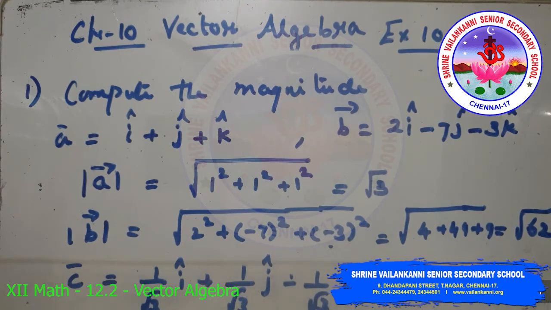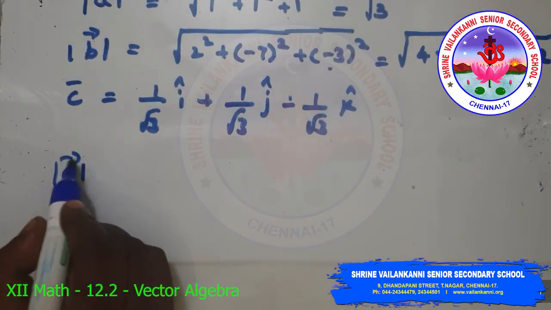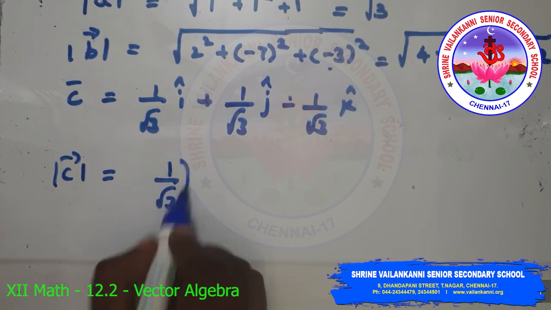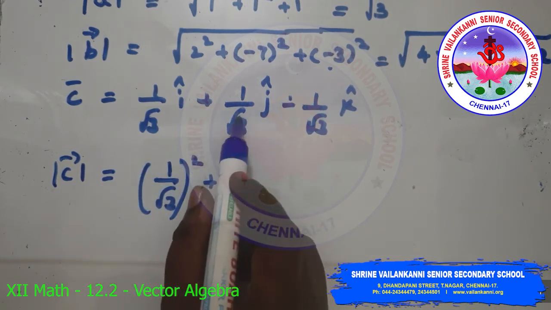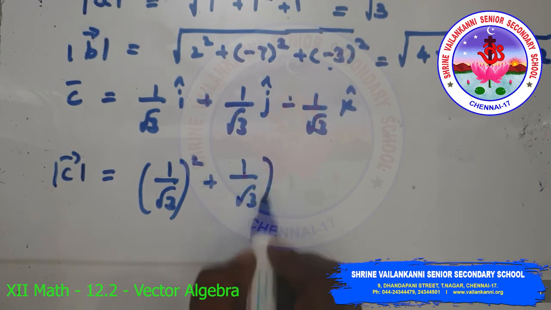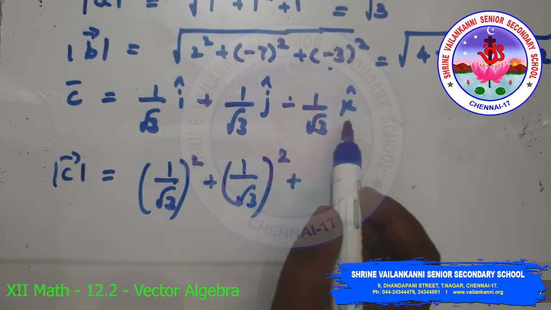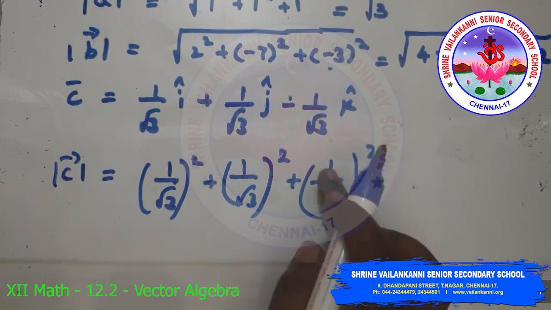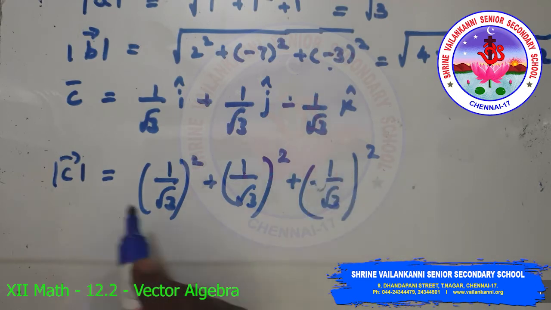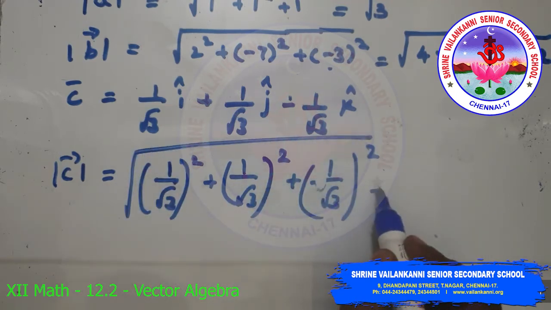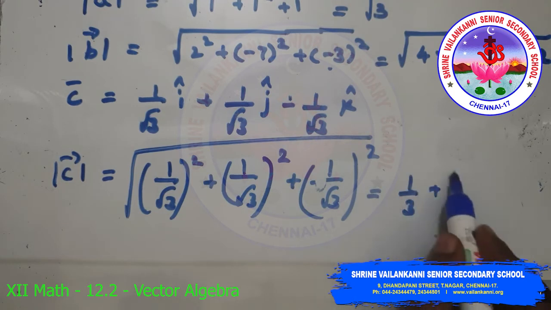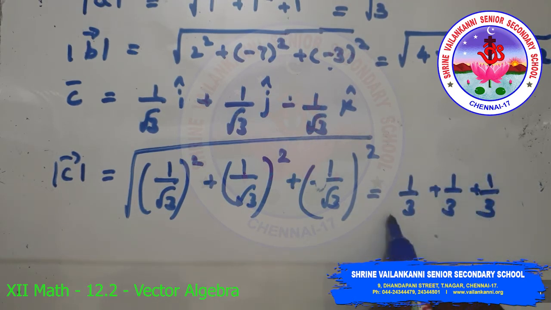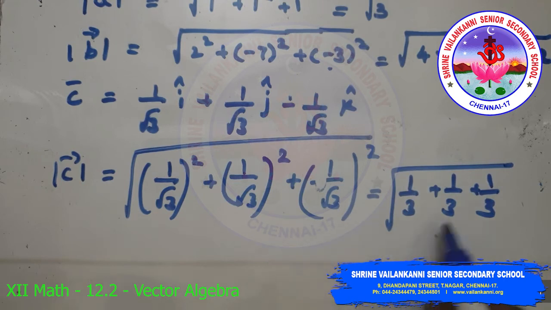So we have to find the magnitude of C, which is equal to 1 by root 3 whole square plus the coefficient of j, 1 by root 3 whole square, plus k's coefficient, minus 1 by root 3 whole square, which is equal to 1 by 3 plus 1 by 3 plus 1 by 3, which is equal to square root of 3 by 3, which is 1.